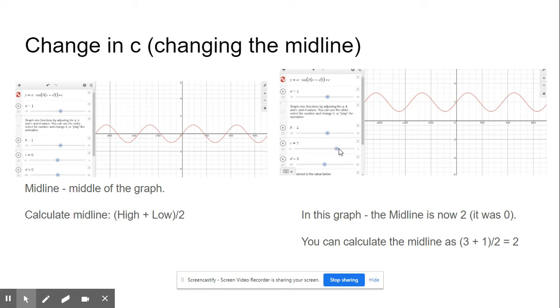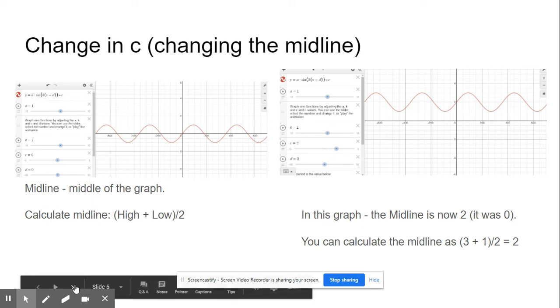It's a little bit hard to see here, but C equals 2, and if you notice that the graph was moved up, so that the midline was 0, and now it's 2. The way to calculate the midline is high plus low divided by 2. And so in this case, it would be 3 plus 1 divided by 2 gives us a midline of 2.